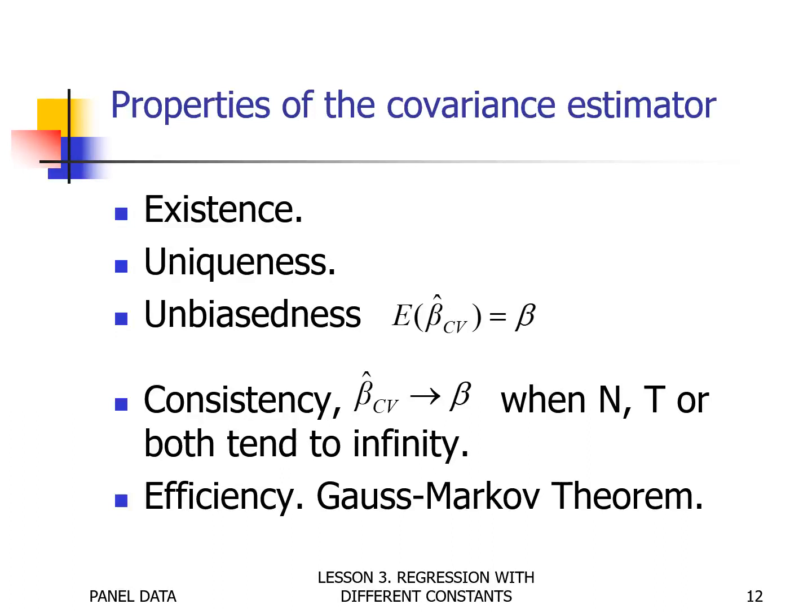Consistency. Consistency is telling you that the estimators are going to get as close as desirable to the true values of the betas when you have a large enough sample in terms of n, capital T, or both. So this is the property of consistency.